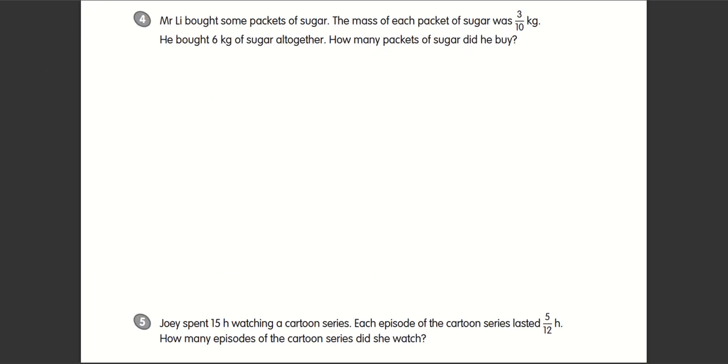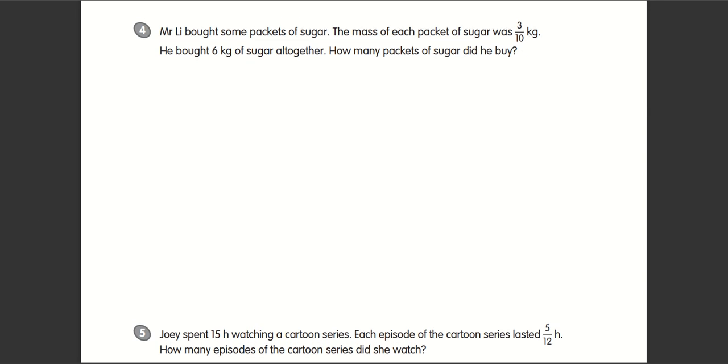So starting with question 4, I've chosen the method group each and total, the GET, and I'm going to write down here: total, the part-whole relationship, group, and each.